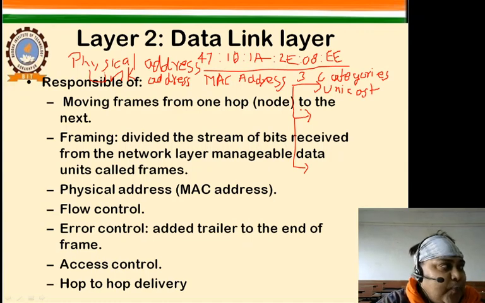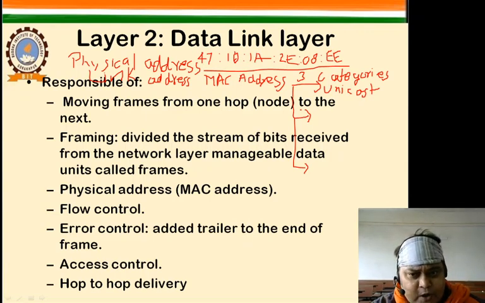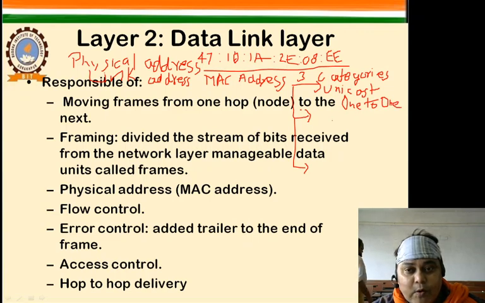Means point to point, face to face. So unicast is one to one communication.